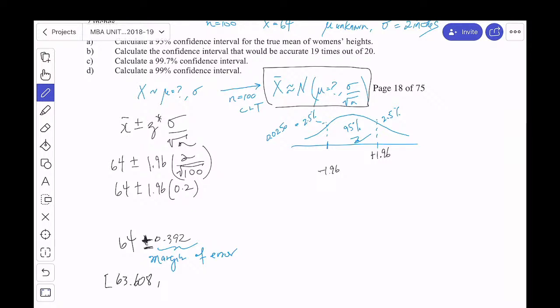You can let me know if I made any mistakes. Very precise, isn't it? And what we say about this is that this is a 95% confidence interval for the true mean.